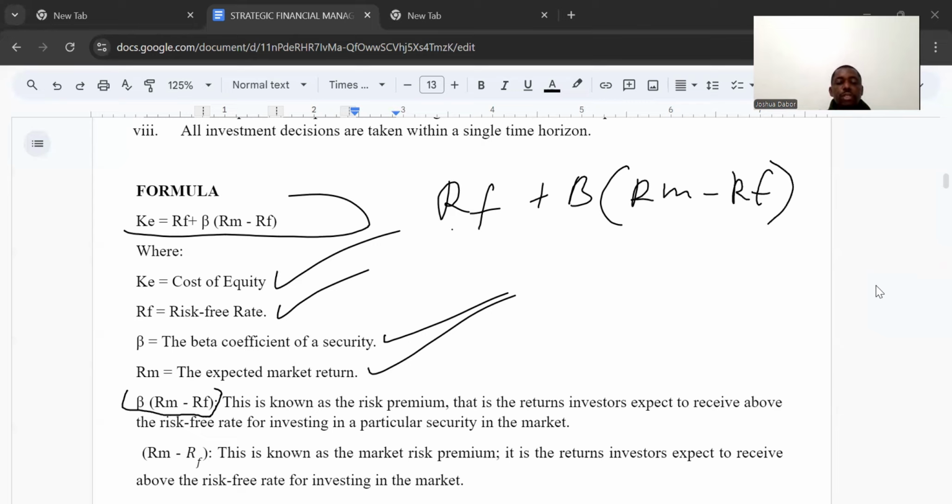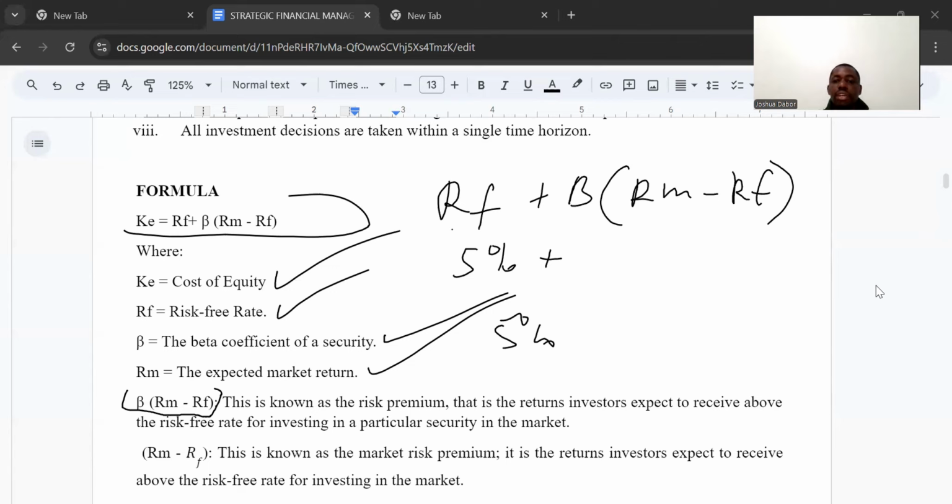Okay. So this risk-free rate is your government rate. So if government bonds are paying 5% and the government's security is risk-free, we say the higher the risk, the higher the return. So for me as an investor, I will not want to invest in shares, because if the share is going to also pay me 5%, I won't invest in that share.